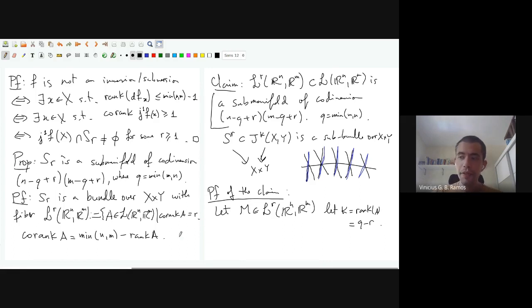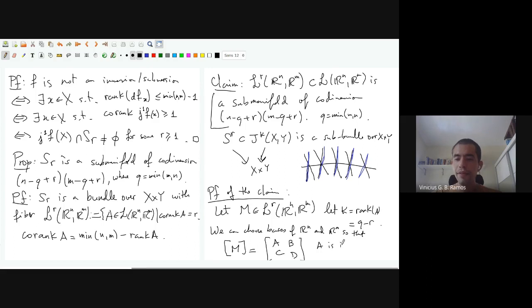So now we can choose bases of Rn and Rm so that we can write our matrix M like this. I can write some matrix A, some matrix B, some matrix C, and some matrix D, where A is an invertible K by K matrix.